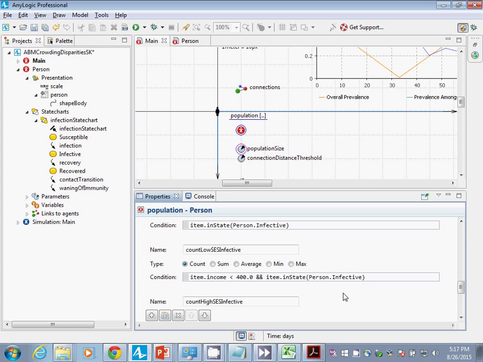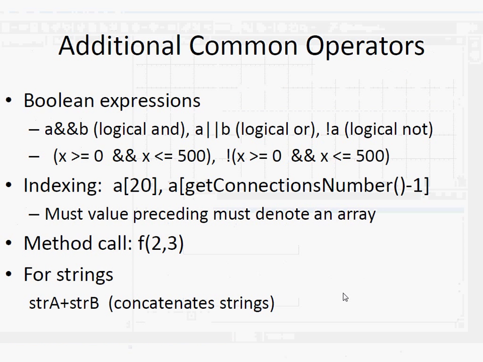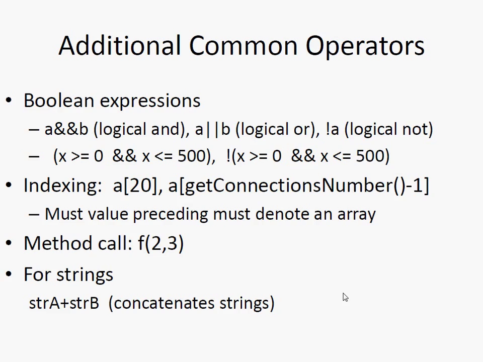So we're asking it a person. So that's a little bit of a different use of dereferencing. So you can have A and B, if this thing is true and that thing is true. A or B, if this thing is true or that is true. This means not, meaning the person is not in this state, right?